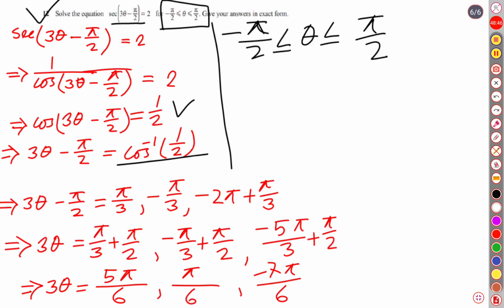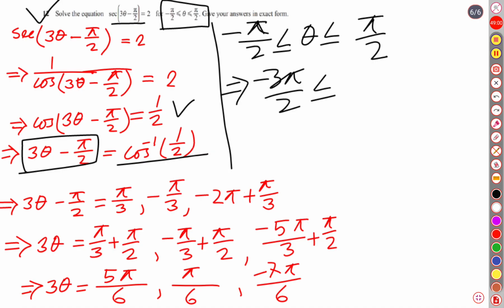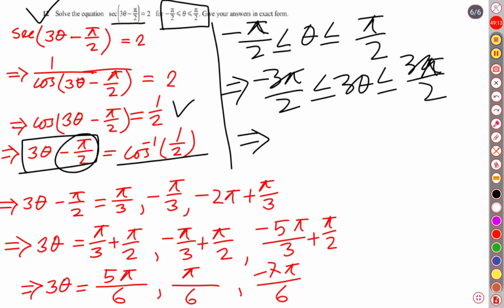So how will we transform? First, as we have 3θ, we will multiply every side by 3: negative 3π over 2, 3θ, then 3π over 2. After that there is the translation of negative π over 2.